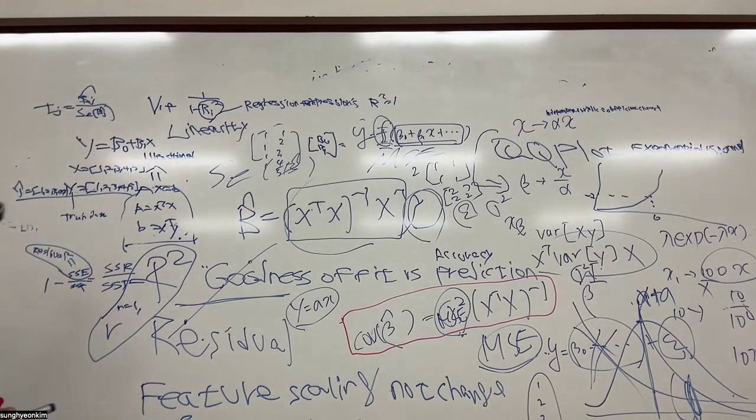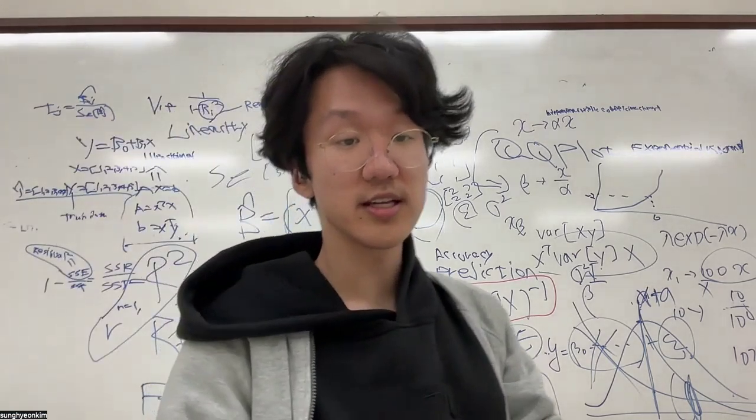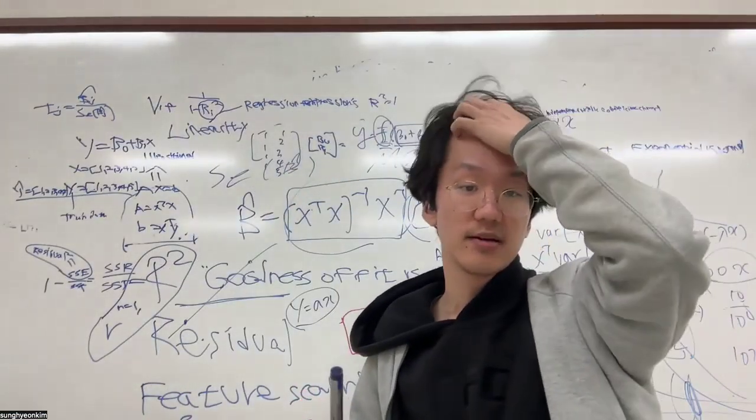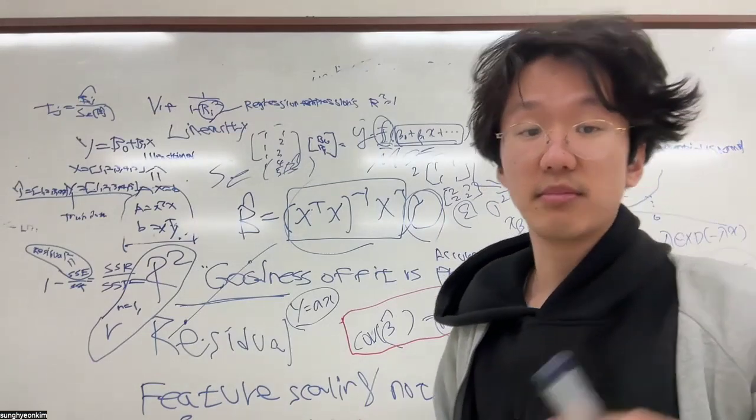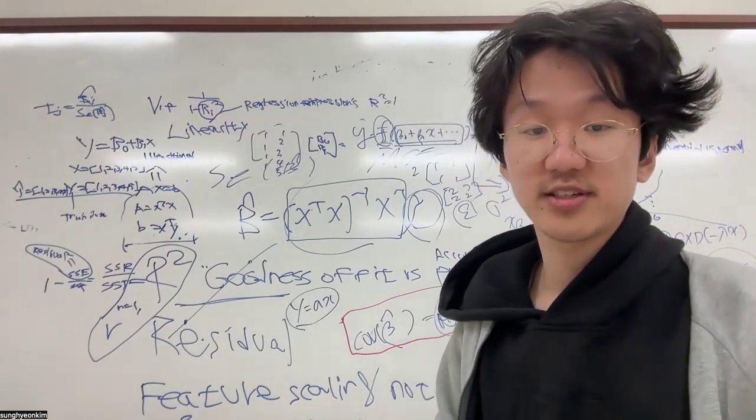You can calculate se of beta j hat from MSE multiplied by X transpose X inverse.